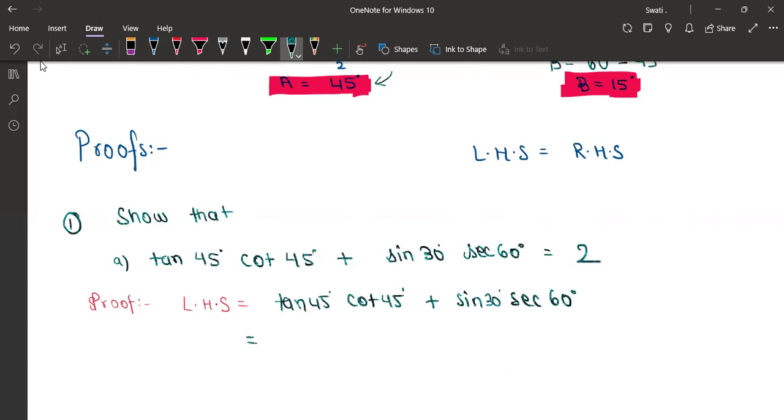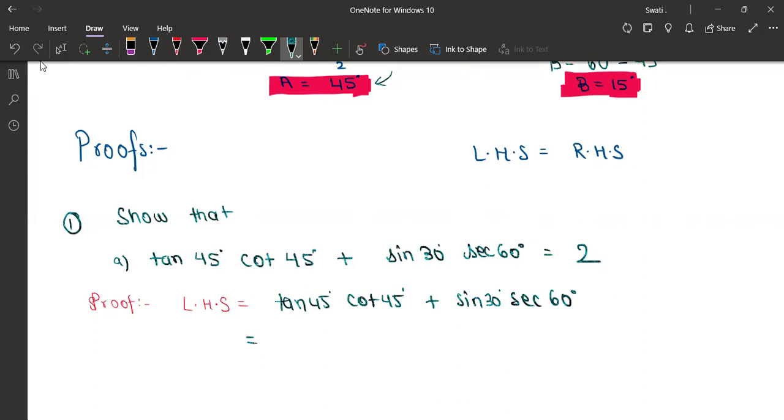Now tell me, Manya, what is the value of tan 45? Do you have the table with you right now? The formula table? Yes. So if you have the formula table, can you tell me what will be the value of tan 45? Otherwise, I can also show you, but I have to go up and down.